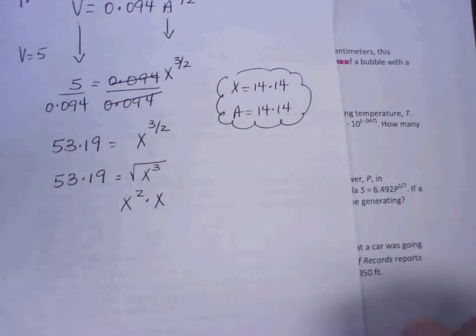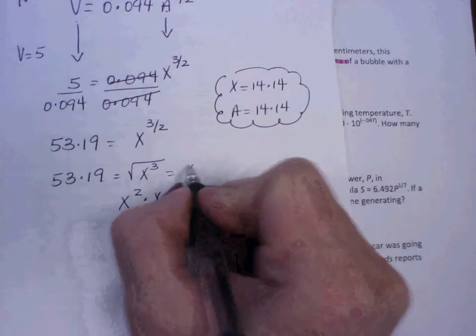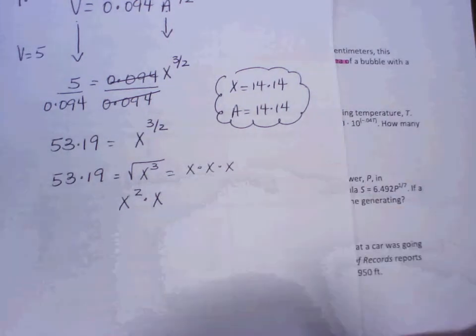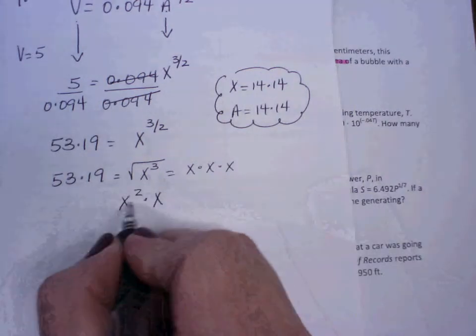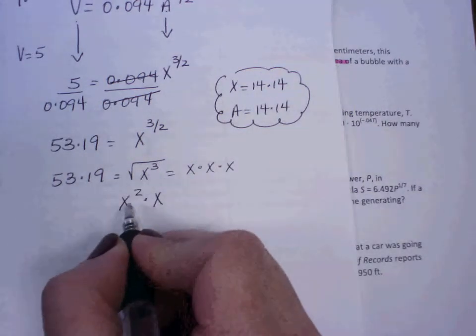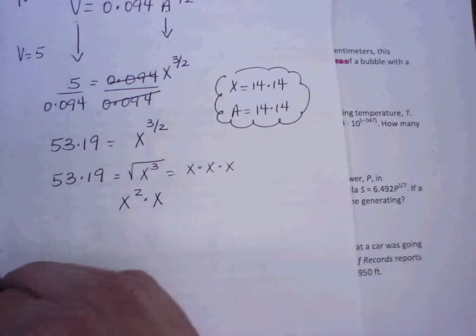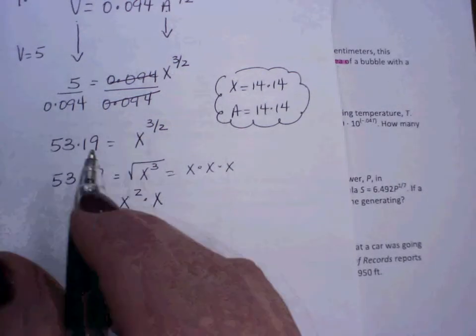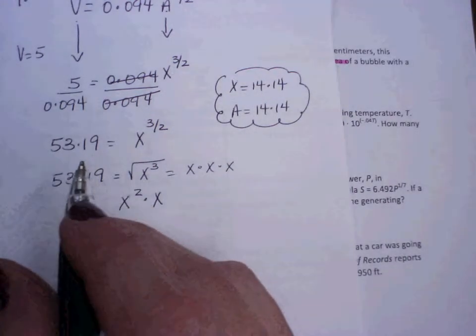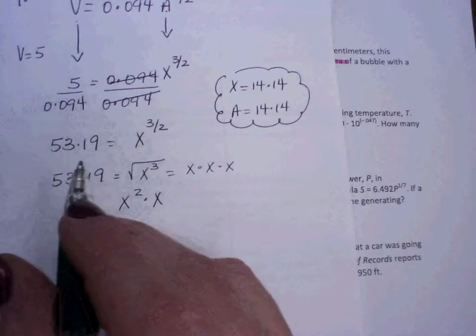What do we do? Come on. Is that what you're saying? Maybe? x times x times x or no? That's the same as x times x times x, right? Yes? So 1 x comes out of here, right?